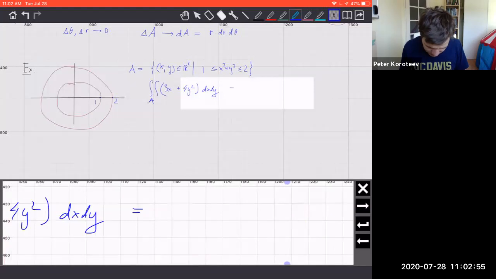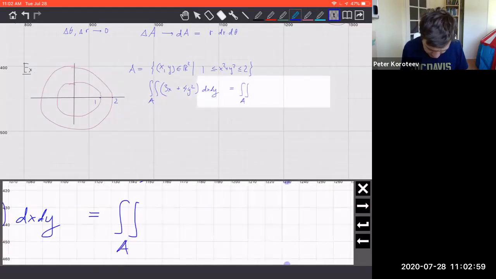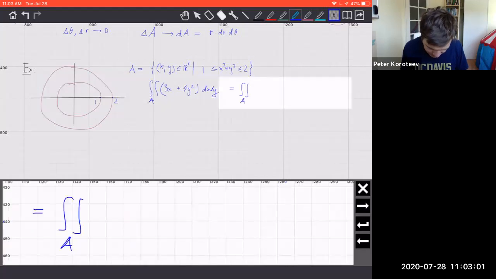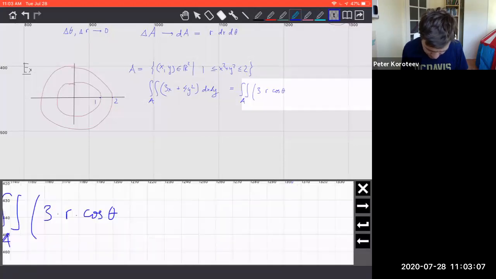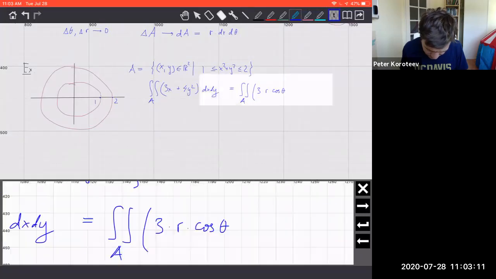So switching to polar coordinates, we get this integral, still over annulus A, and we replace x with 3 times r cosine theta. And then we can even do the limits right away. So theta varies between 0 and 2 pi.